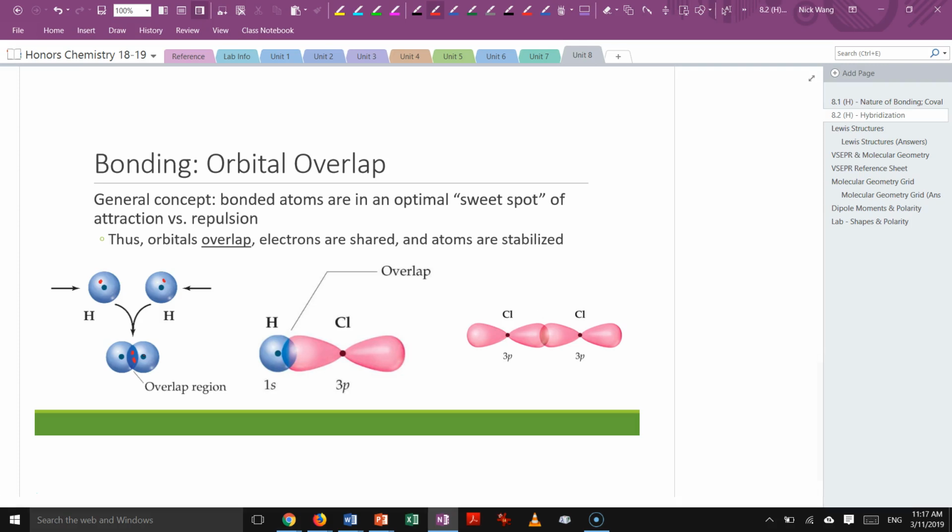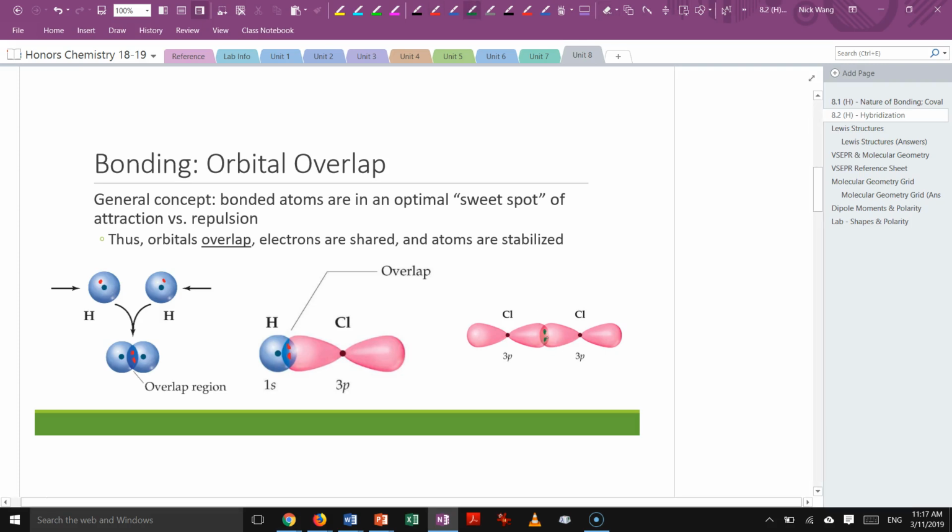Same thing with hydrogen and chlorine. If these two were to bond, hydrogen would bring in one electron, and chlorine contributes a single orbital that has an electron. That will overlap with the hydrogen, and that's where the bond is located. And finally for this one, same thing with chlorine atoms. Probably red on red is not the best idea, so let's try and use green.